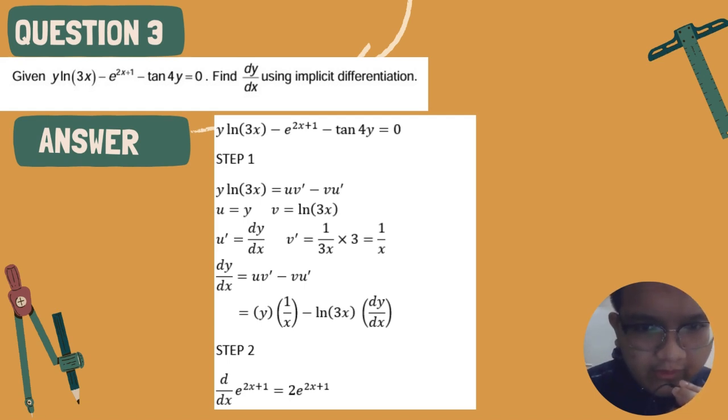So we let u be y, v be ln 3x. u prime will be equal to dy over dx. v prime is 1 over 3x, but we need to multiply by 3, and we get 1 over x. So the derivative equals u v prime plus v u prime, equal to y times 1 over x plus ln 3x dy over dx.